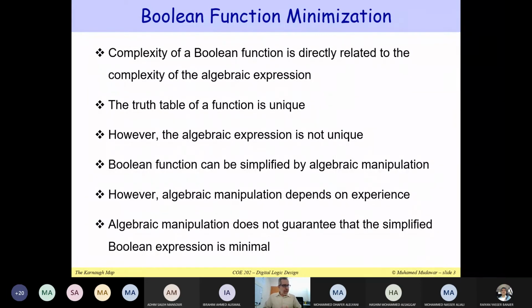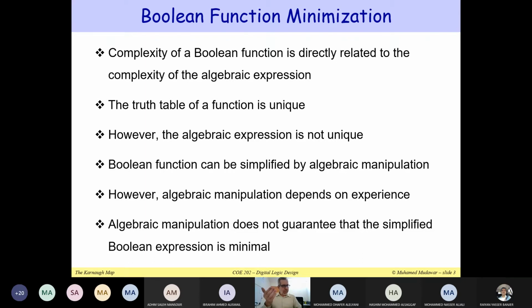Right. So what we have seen is that we have seen Boolean algebra, and we have seen it in quiz number 2. And we can use Boolean algebra to minimize the equations. So the complexity of a Boolean function is related directly to the complexity of the algebraic expression.